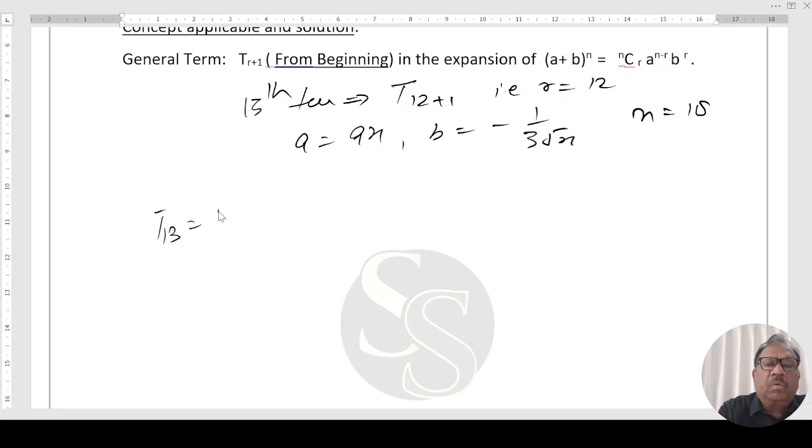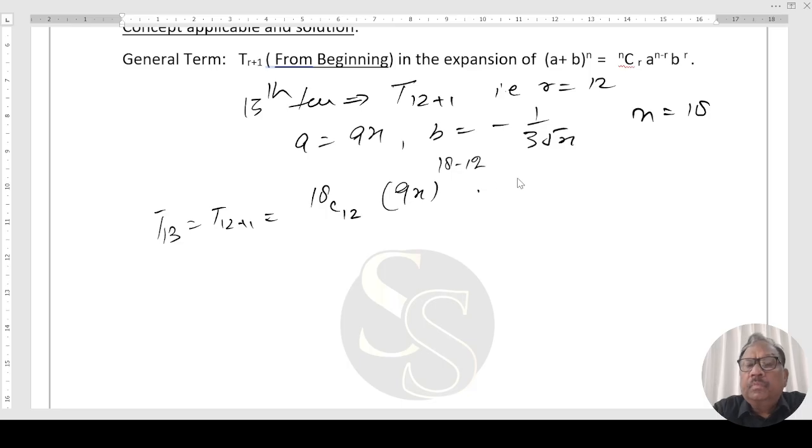T13 equal to T12 plus 1 equal to 18C12 into a to the power, 9x to the power n minus r, 18 minus 12, into minus 1 by 3 x to the power 1 by 2, to the power r, 12.